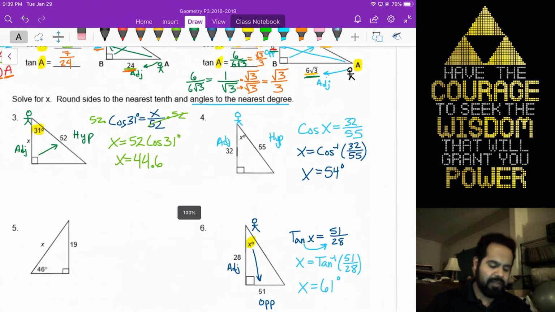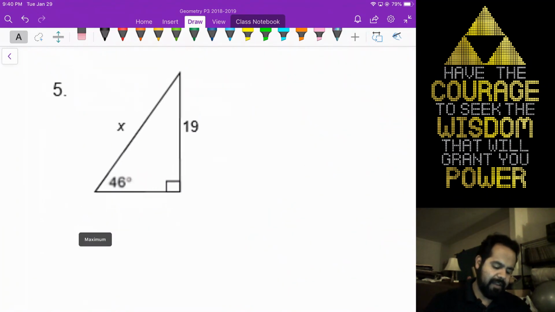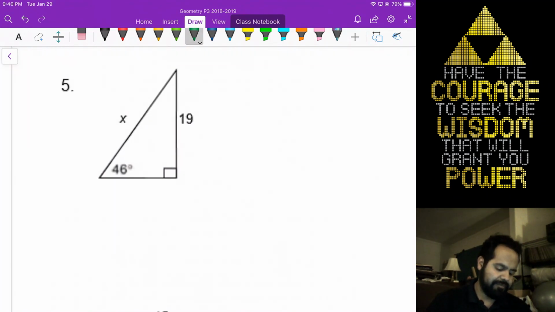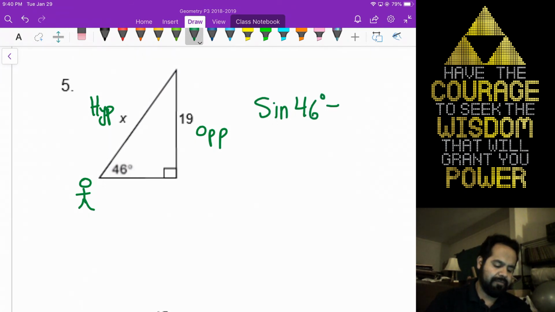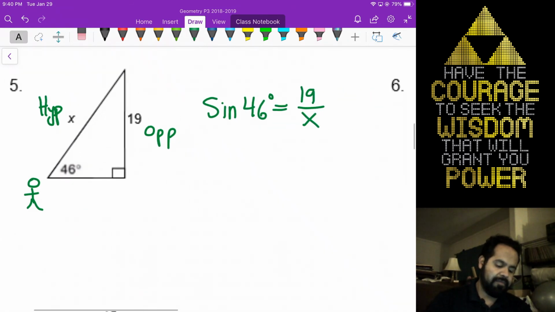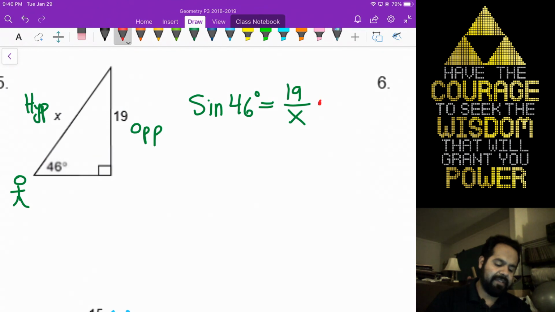Last one. Number 5. Opposite hypotenuse. We're dealing with sine. So sine of 46 equals 19 over x. Multiply both sides by x.